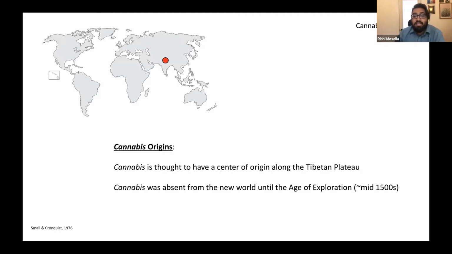Cannabis itself was absent from the New World until the Age of Exploration, around the 1500s. It was only found in Asia, Africa, and some of the Pacific Islands, and it wasn't found in the Americas at all until explorers started to bring cuttings over.